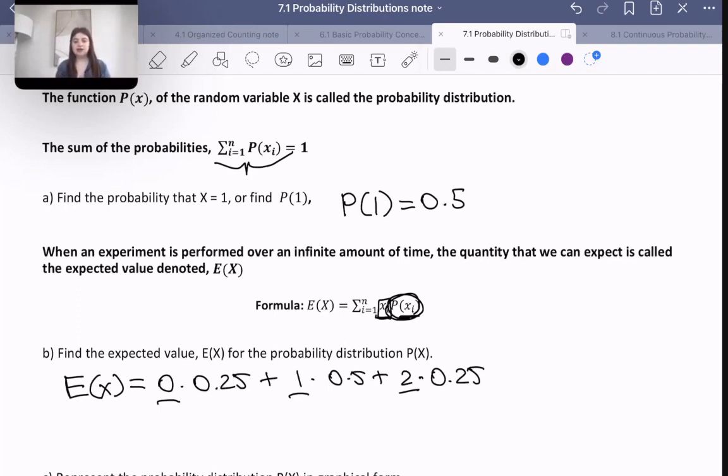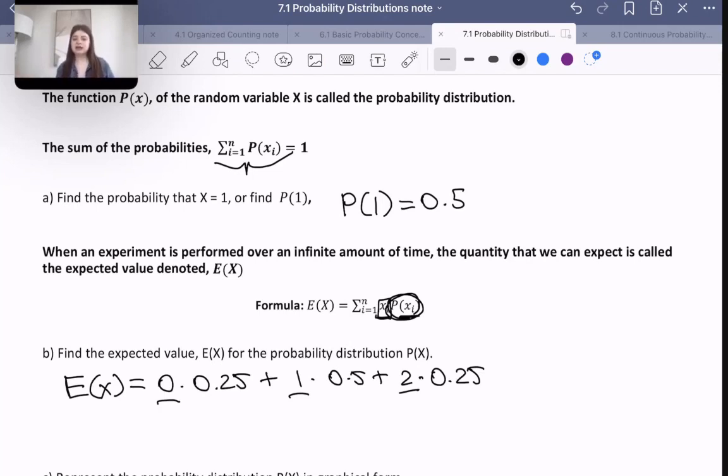By saying, well, we're going to get 0.25, a quarter of the time. So we need to multiply that 0 by a quarter. And then we're going to get 1/2 the time, so 1 times 0.5, on average. And then plus 2 times 0.25 to get 0.5 again, right?